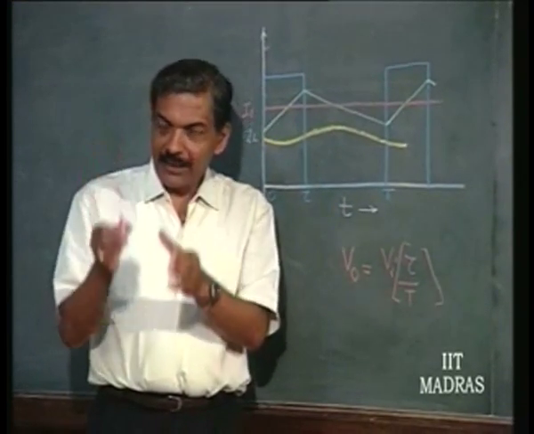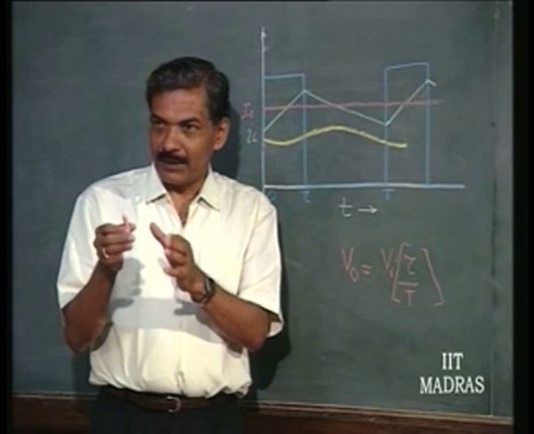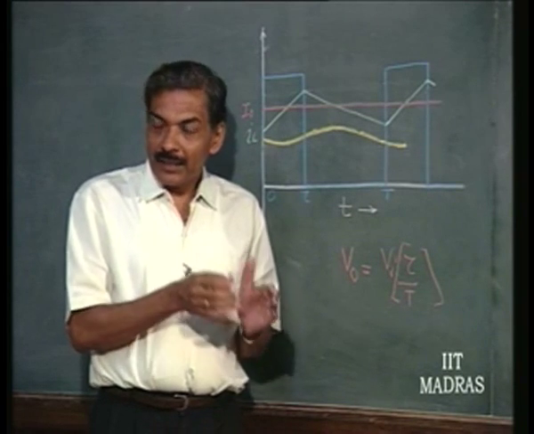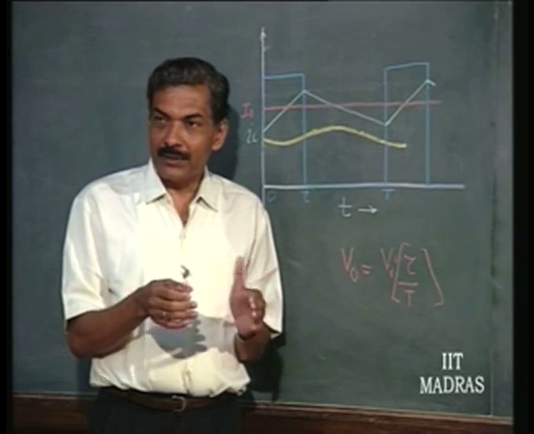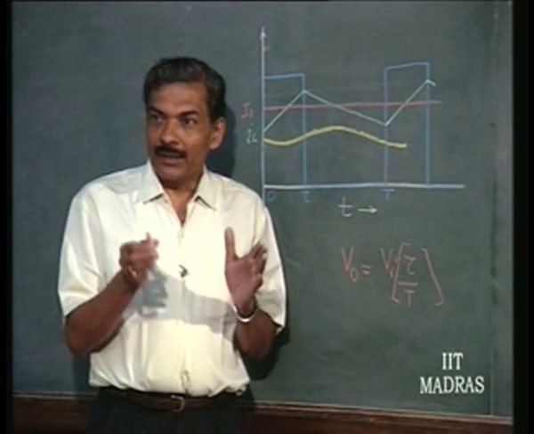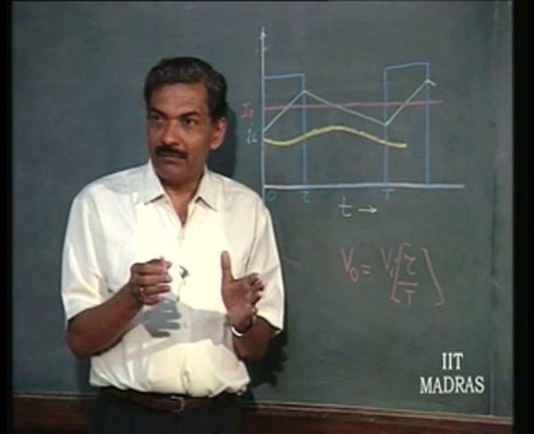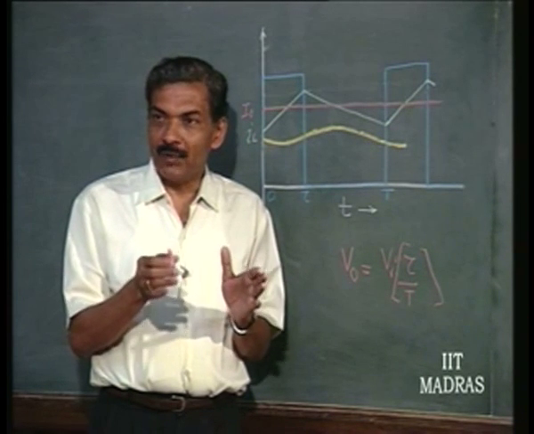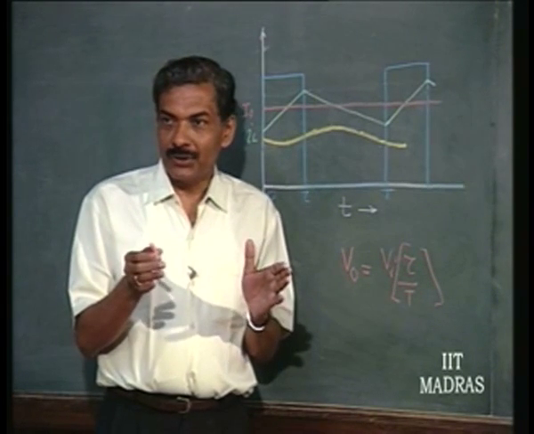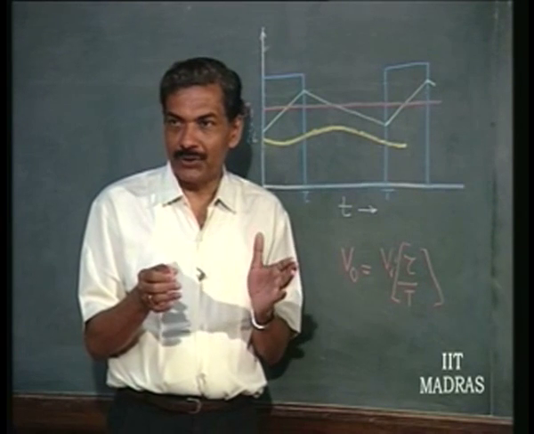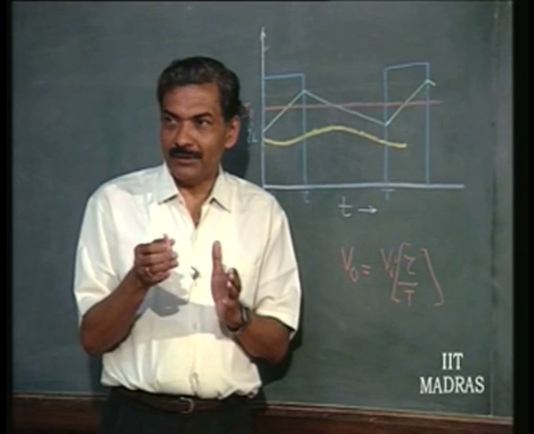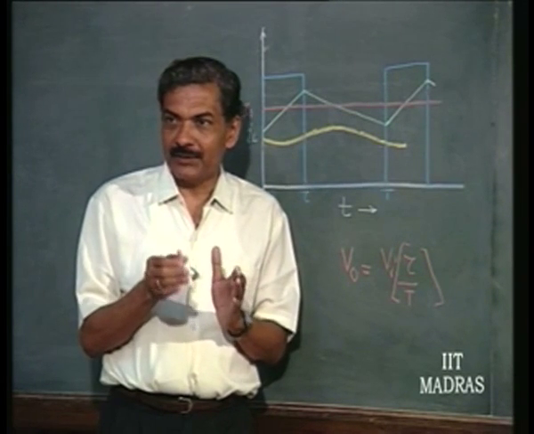Now, I am once again sampling V naught, R1 by R1 plus R2, comparing it with a V reference, giving it to a comparator, but this comparator makes sure that the transistor is never going to continuously operate in the active region, but will always be in the mode of what? Switch. The transistor should be acting as a switch. We have to make sure that it acts as a switch.